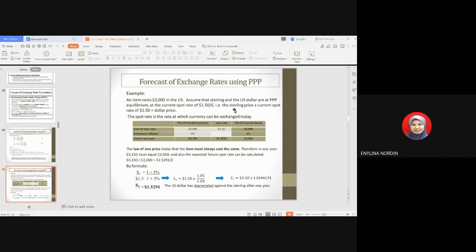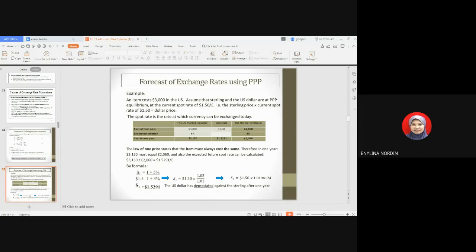The sterling price times the current spot rate of 1.50 equals the dollar price. That is how we get the exchange rate. The spot rate is the rate at which currency can be exchanged today, the current rate.